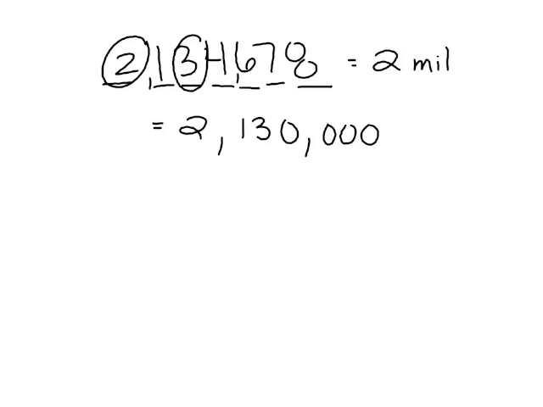130,000. If I asked you to round this number to the nearest 100, what's our 100 place here? 100. So do I round up or do I round down? Round up. This is a 7.